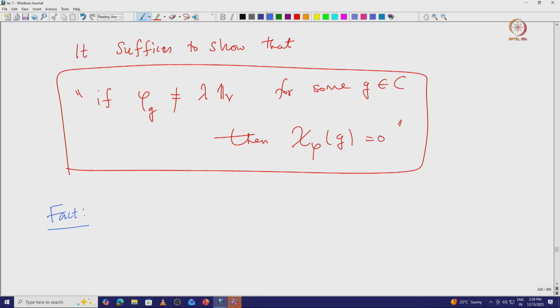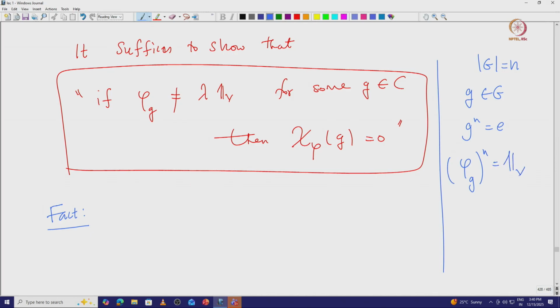Since we are working with a finite group, recall that given g in G, suppose the group has order n, then we know that g power n must be identity. That would imply that phi g power n is the identity operator on V. So all the eigenvalues of phi g are nth roots of unity, and from this we can conclude that phi g is diagonalizable.